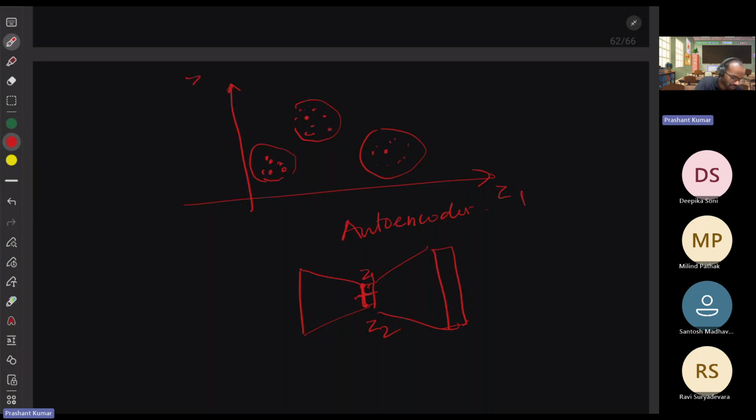If you plot Z1 versus Z2 for all the inputs after training, they will create 10 different clusters, where each cluster is a different class: class 1, class 2, class 3. However, these are the embeddings or the latent space.